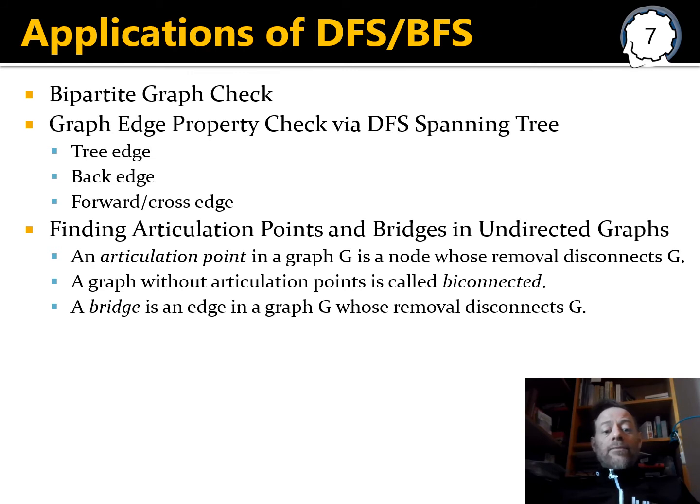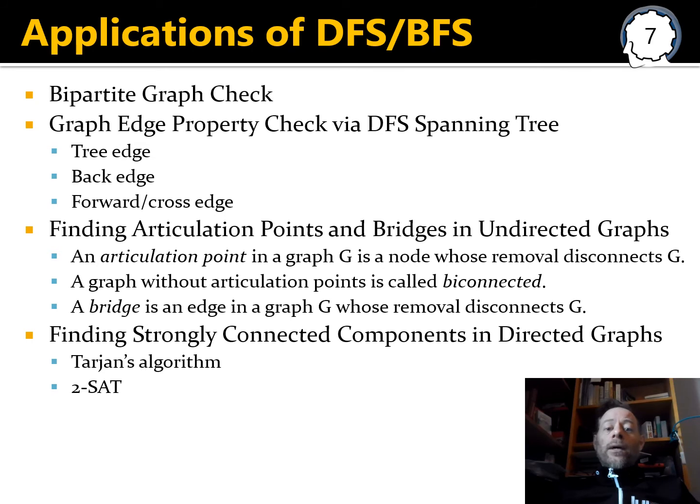A graph that doesn't have an articulation point is called biconnected, which means that there are at least two ways of reaching every pair of nodes. And a bridge is then an edge in a graph whose removal disconnects G. So the bridge is the edge, the articulation point is the node.